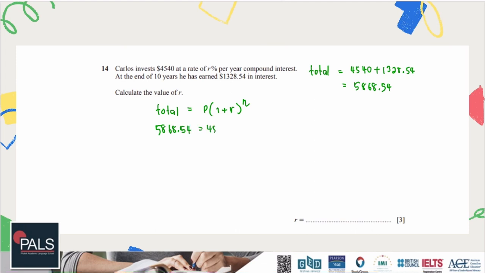Principal is 4540, (1 plus R) to the power 10 years.